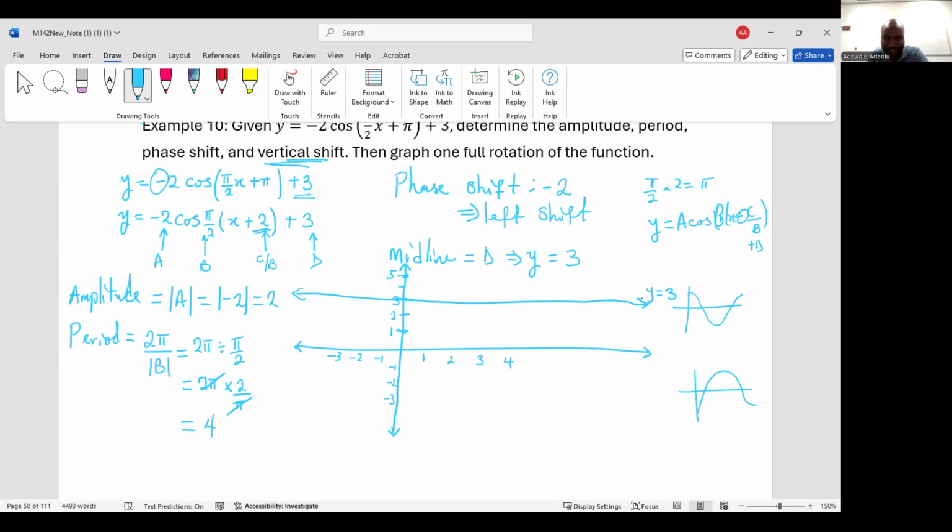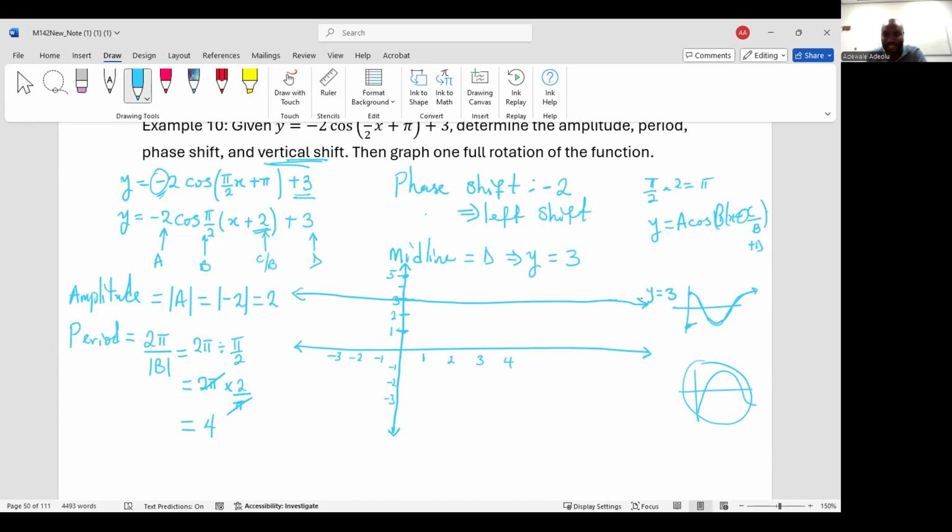We know the behavior of cosine. It should start from there and behave this way. But because of the negative we have here, it has to start from somewhere here.